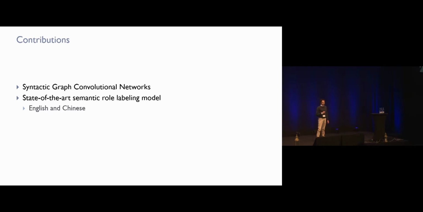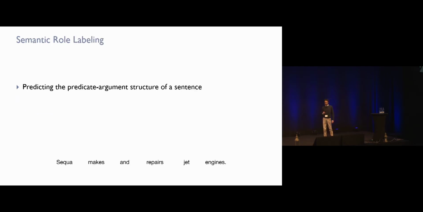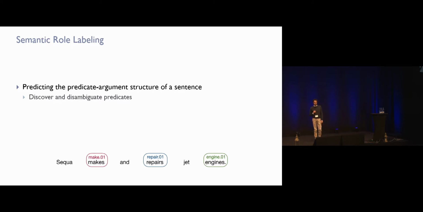Before we delve into the model itself, let's recap what semantic role labeling is. It's the task that consists in predicting the predicate-argument structure of a sentence. So if we have this example sentence here, we first discover and disambiguate the predicates of the sentence: makes, repairs, and engines.